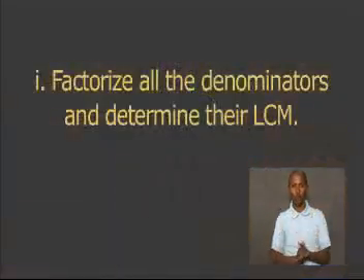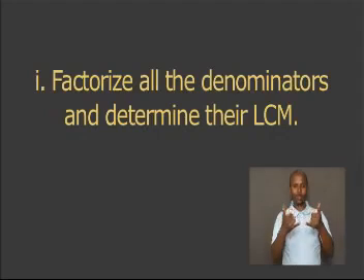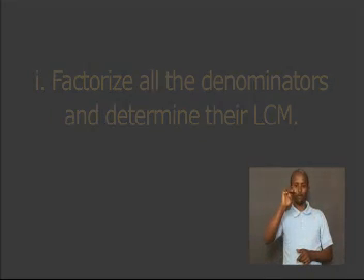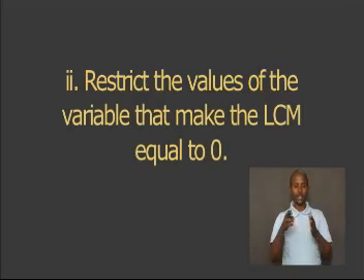To solve a rational equation, we must follow these steps. Factorize all the denominators and determine their least common multiple. Restrict the values of the variable that make the least common multiple equal to 0.